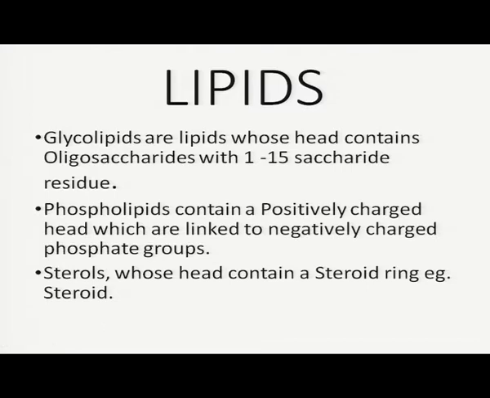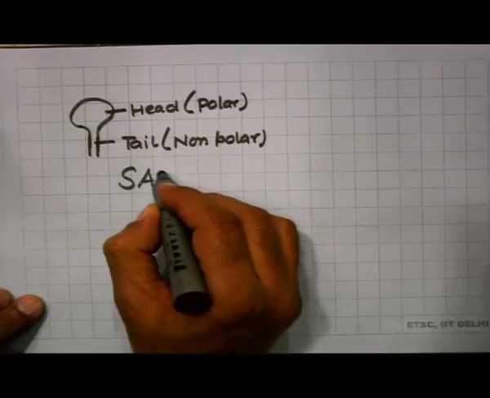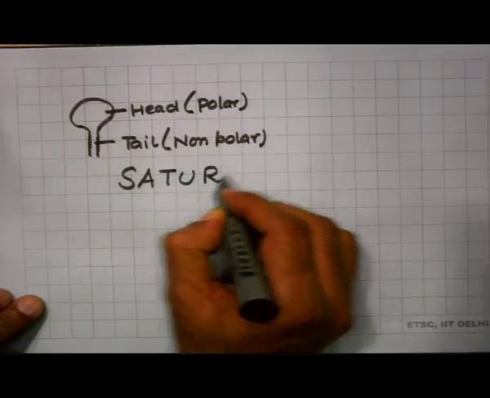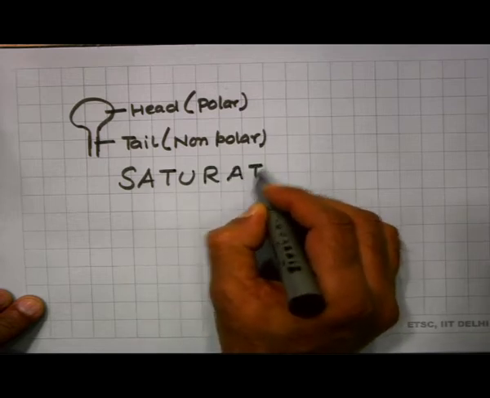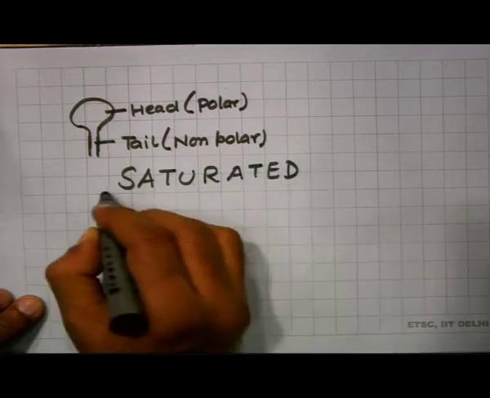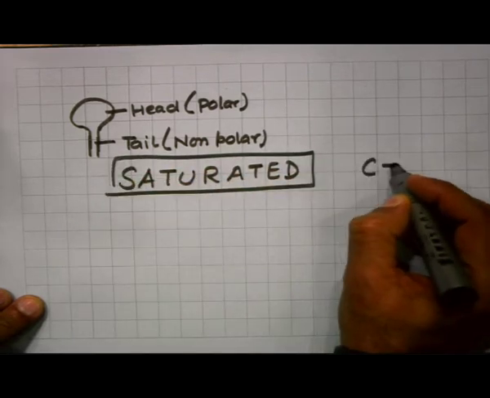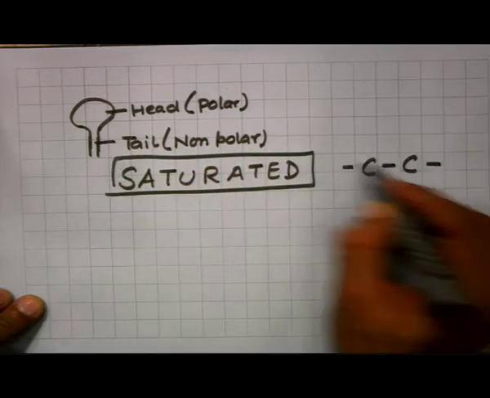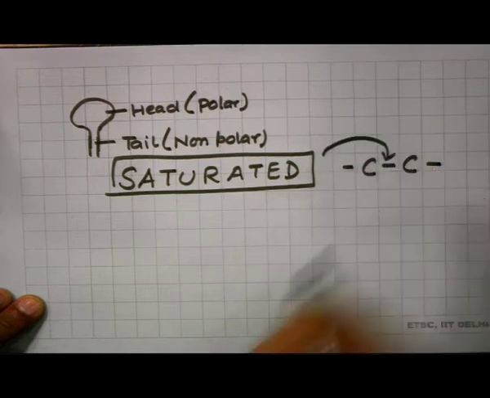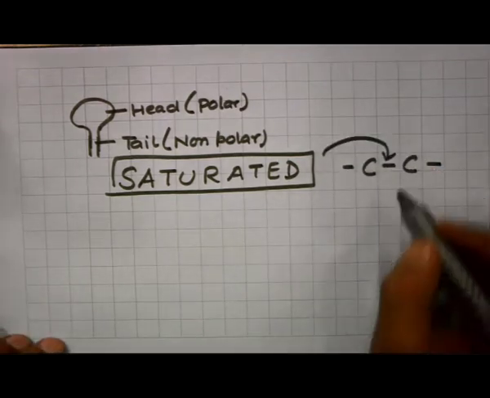Now, first of all you will see the two main types of fatty acid: saturated and unsaturated. In the saturated fatty acid, which I have already discussed, there are single bonds between carbon and carbon. So, this is called saturated fatty acid.